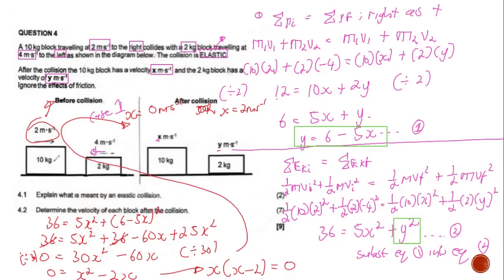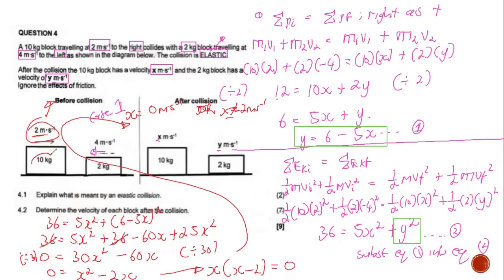So it cannot remain the same. The velocity cannot still remain 2 meters per second after the collision. So that means this one would have to be incorrect. This one would have to represent the initial velocity. So we won't take 2 meters per second. We're only going to run with 0 meters per second.